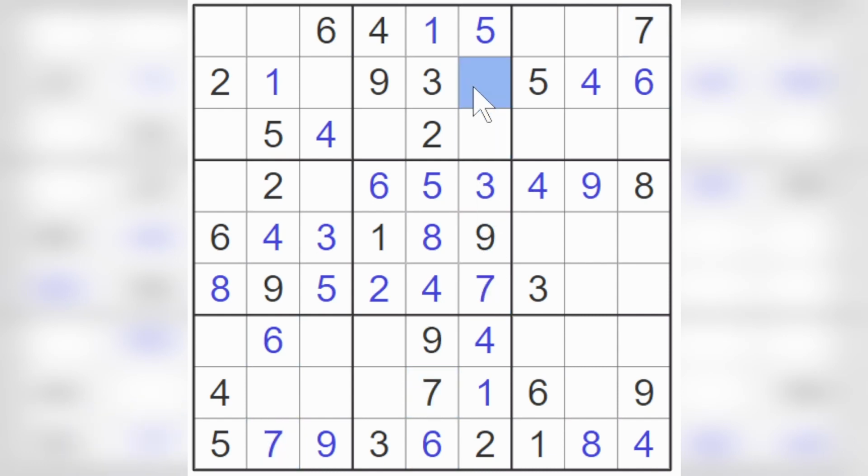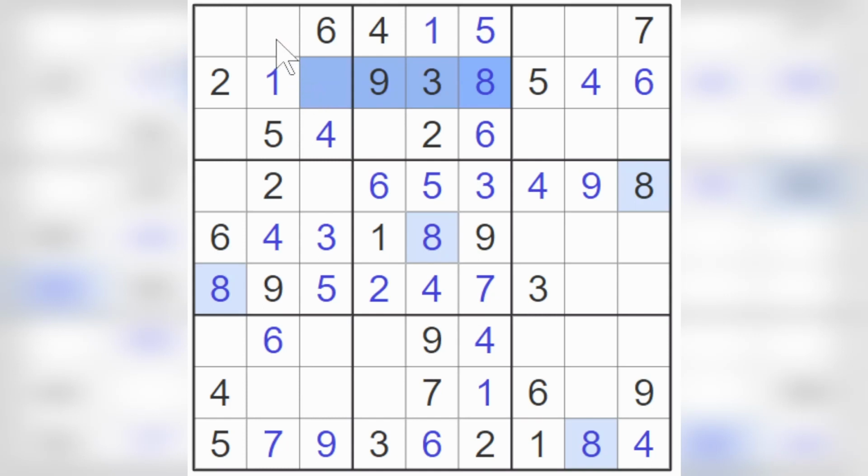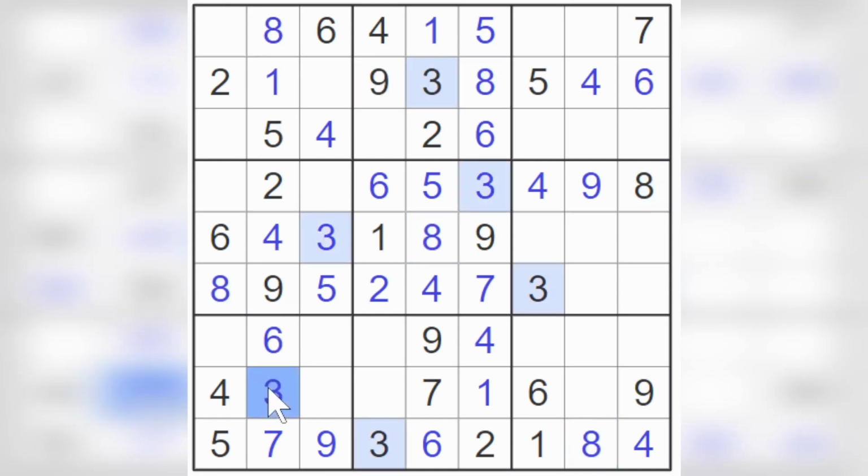And now these are 6 and 7s, but we have a 6 in the row. Sorry, they are 6 and 8s, but we have a 6 in the row, so this is an 8 and this is a 6. 8 blocking up, 8 blocking over, making this an 8, and therefore this must be the 3.